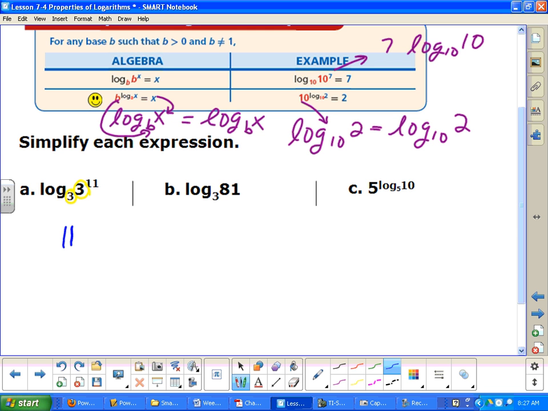Now letter B, they don't come right out and tell us the bases are the same. But can I write 81 as 3 to some power? Tell me, does 3 to some power equal 81?